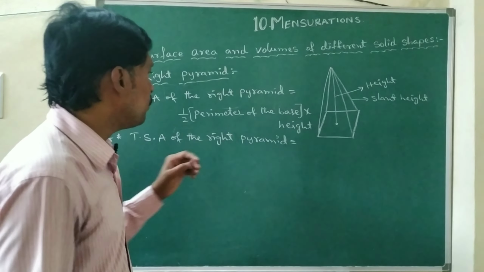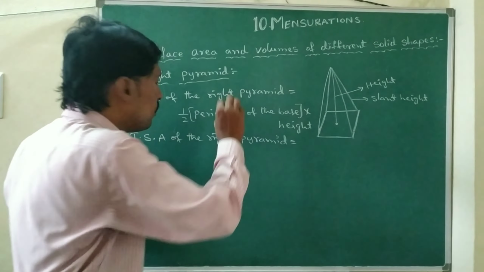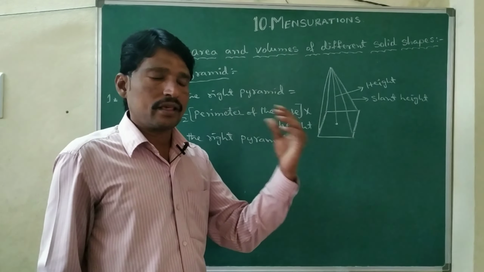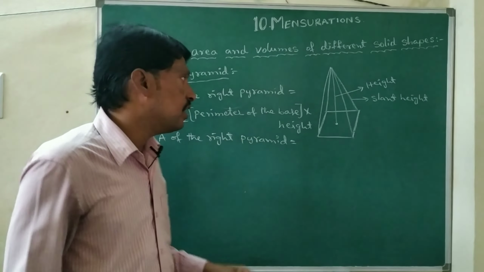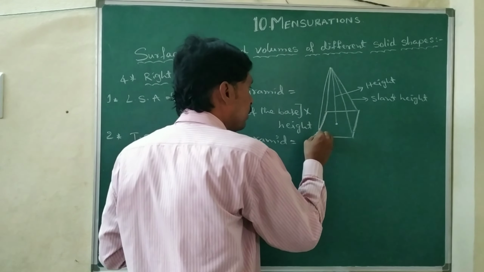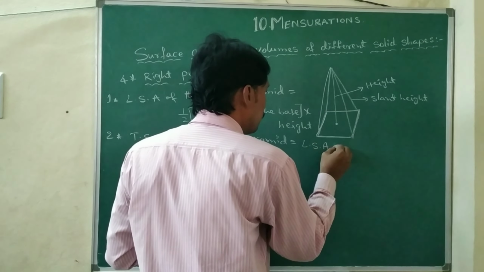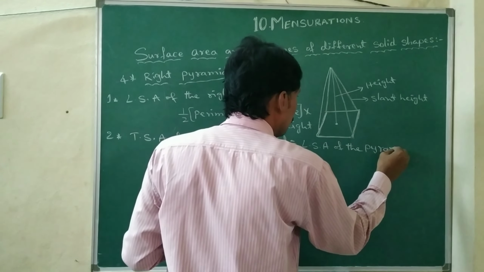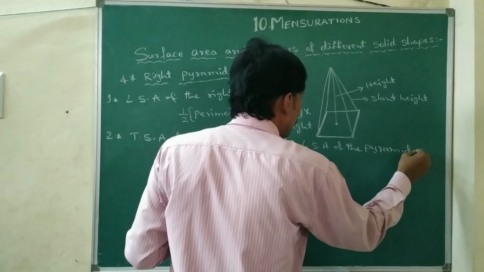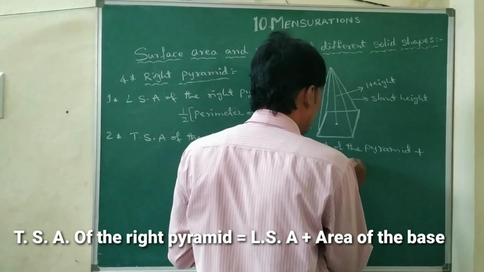First we need to find the LSA of the pyramid, and then next the area of the base. Area of the base means this base we need to find out. So TSA equals LSA of the pyramid plus area of the base.